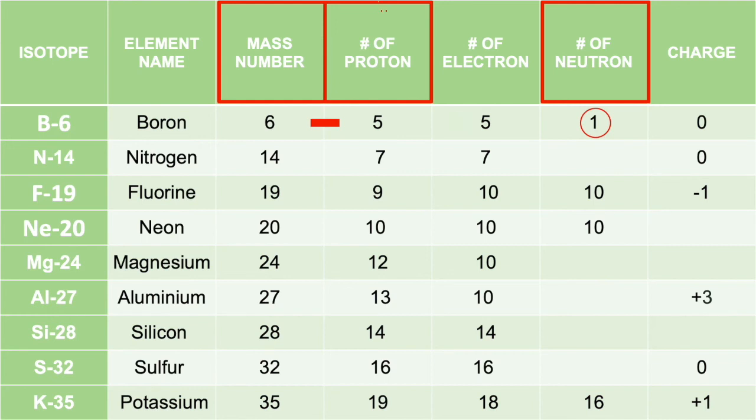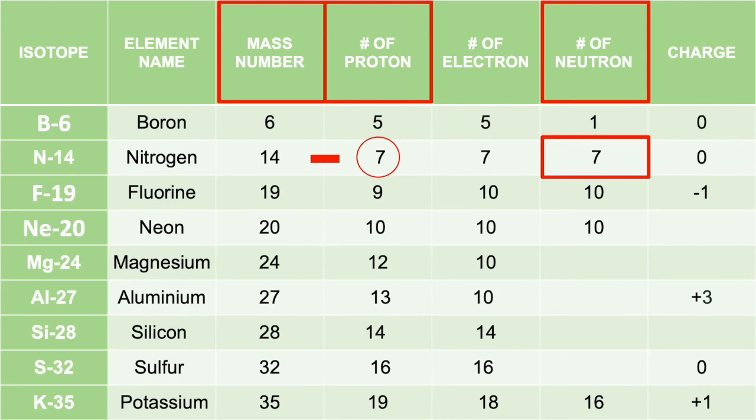Let us now try to determine the number of neutrons in our nitrogen. So our nitrogen has a mass number of 14 minus the number of protons, or atomic number, of 7. We get 7 as the number of neutrons for our nitrogen.